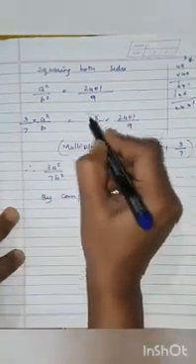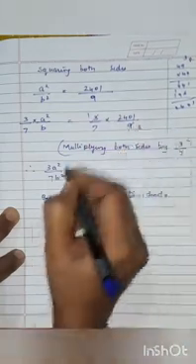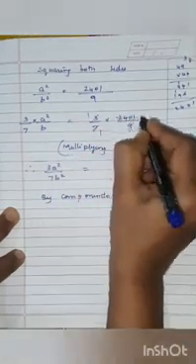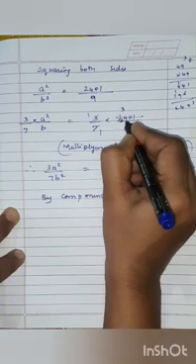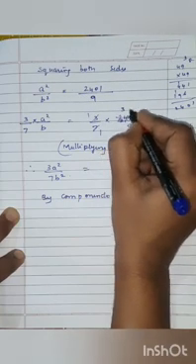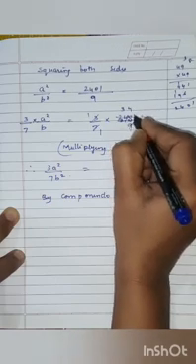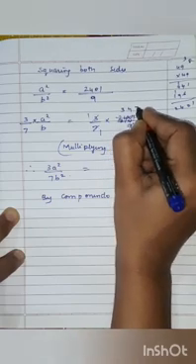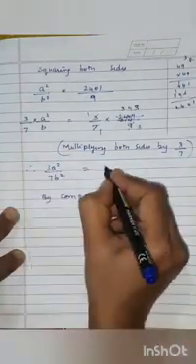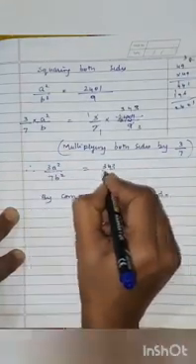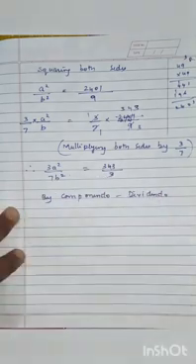This will get cancelled: 3 ones are 3, 3 threes are 9, 7 ones are 7, 7 threes are 21, 7 fours are 28, 7 threes are 21. So we get 3a²/7b² as 343/3.